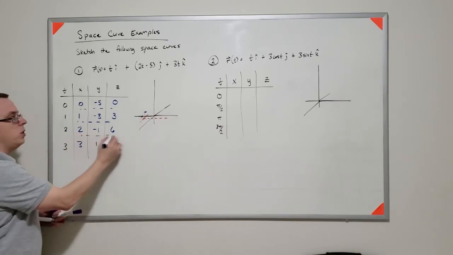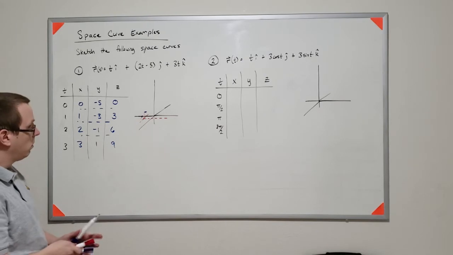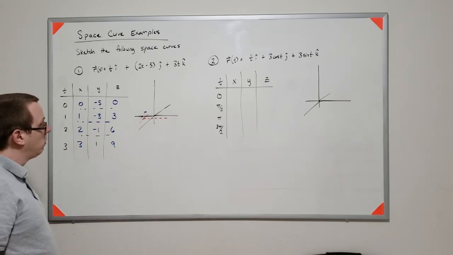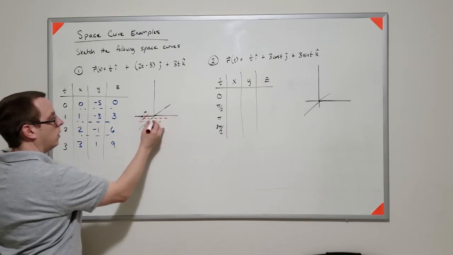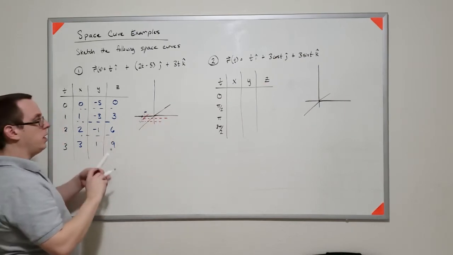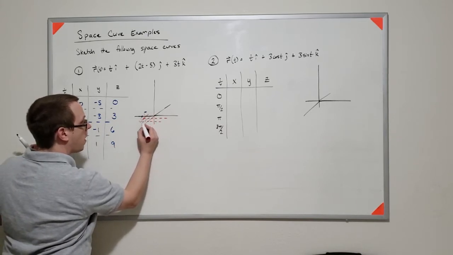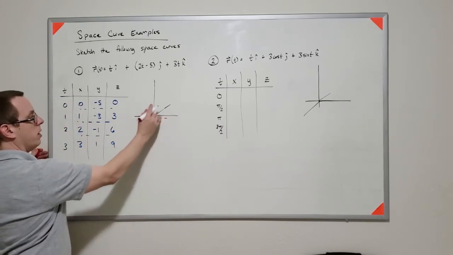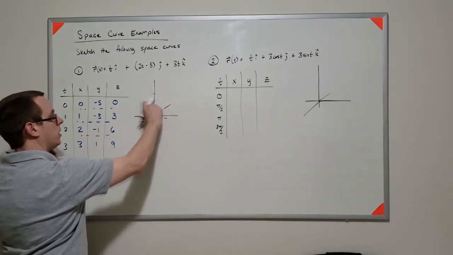And then we have 2, negative 1, 6. So we go out 2, and then we're only going in negative 1, and then we're going up 6. So we went 3 here, so we're going to go 3, 6.